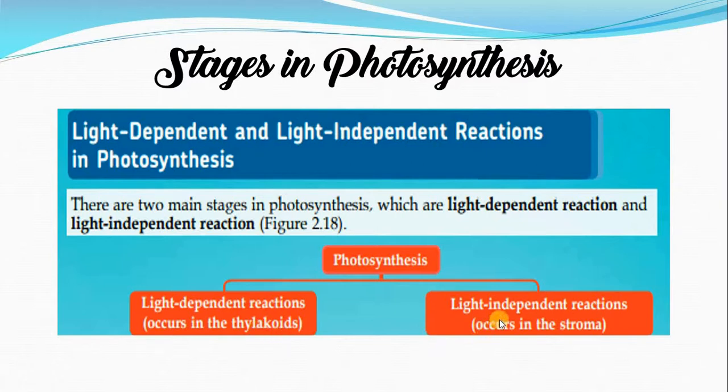The light-independent reaction occurs in the stroma. What do we mean by light-dependent reaction? The reaction occurs in the presence of sunlight. Light-independent reaction means that the reaction occurs without sunlight.